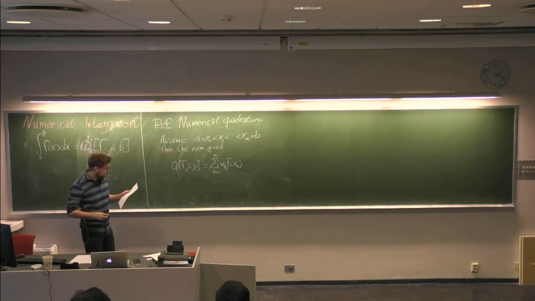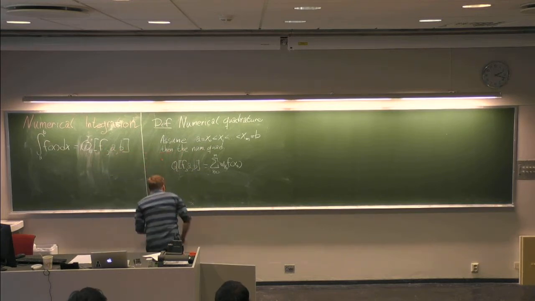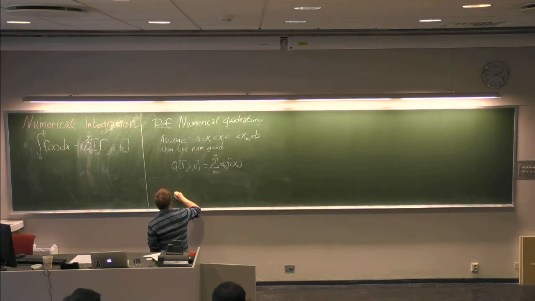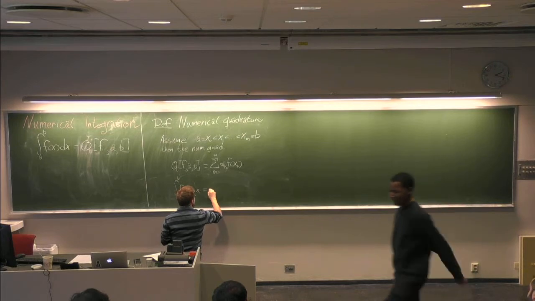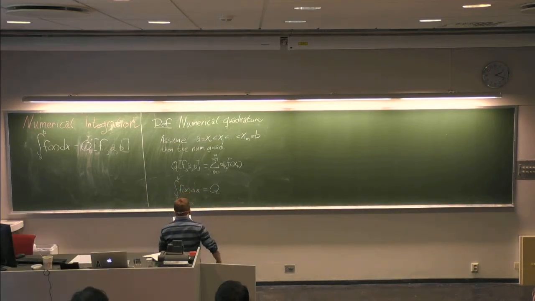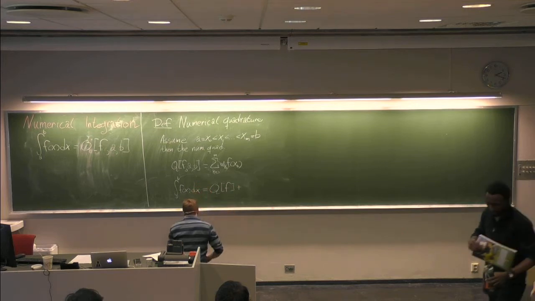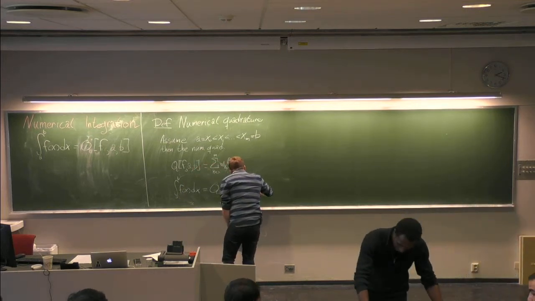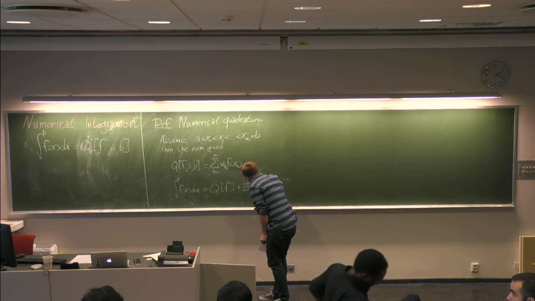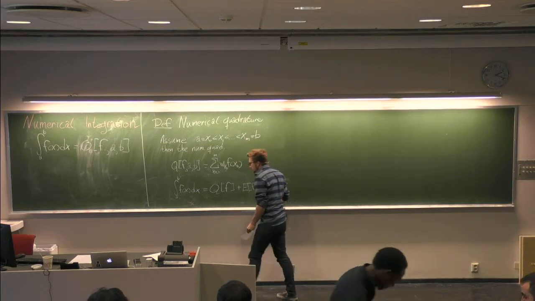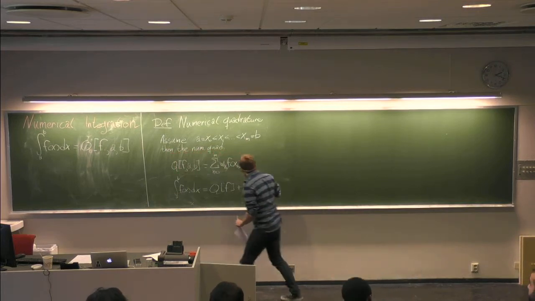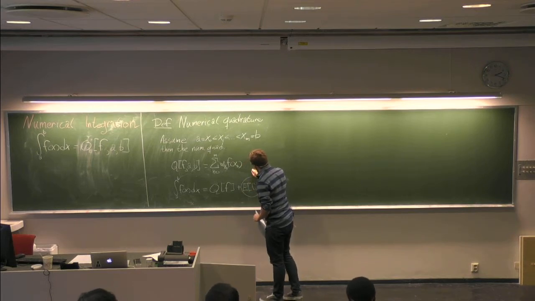So this will have the property that our integral from a to b of f of x dx equals Q of f plus some kind of error term E of f.